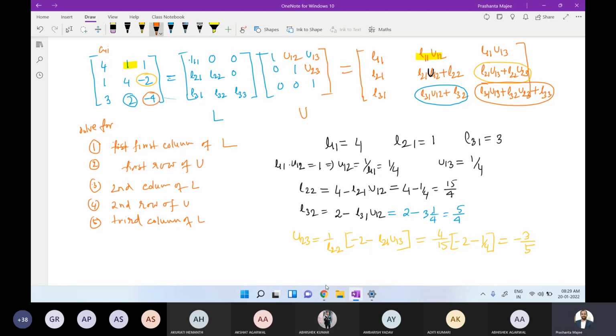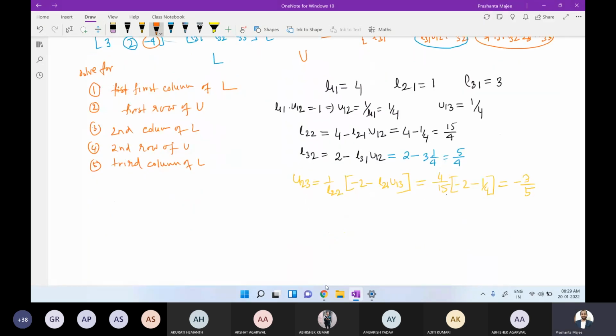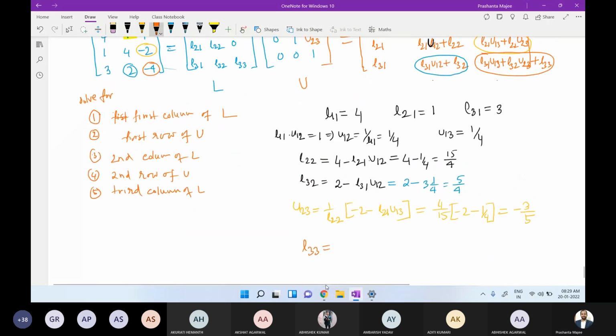So L33 will be minus 4 minus L31 U13 minus L32 U23. Substitute the values and simplify.